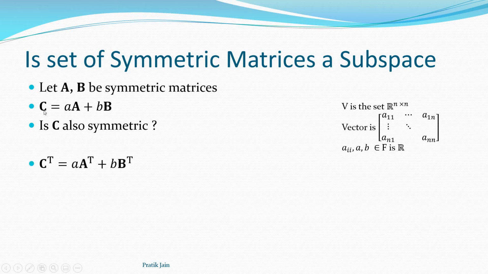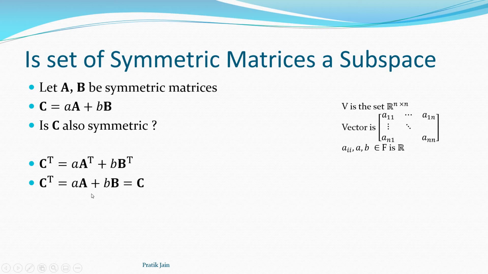So let us take the transpose, C transpose. A small a is a scalar, so that will not matter, it just comes out. And capital A is a matrix, so you get A transpose, plus b again is a scalar and you get capital B transpose, right? Now we know that A and B are symmetric, so A transpose can be equated to A and B transpose can be equated to B. So you get C transpose equal to aA plus bB, which is nothing but C, what we started with.